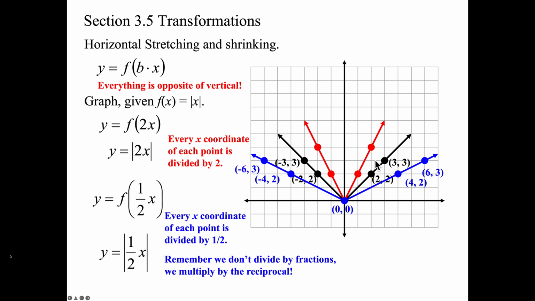I doubled the distance from the y-axis to the point, from a distance of 3 to a distance of 6. So this is an example of a horizontal stretch. You're pulling your beginning points away from the y-axis without changing your y coordinates. And that's our stretching and shrinking.